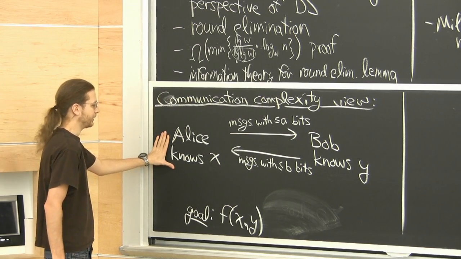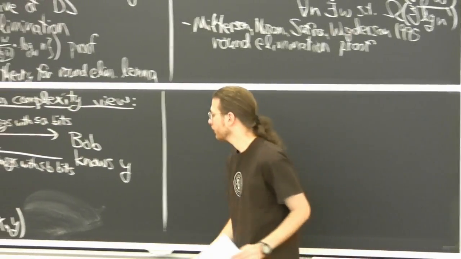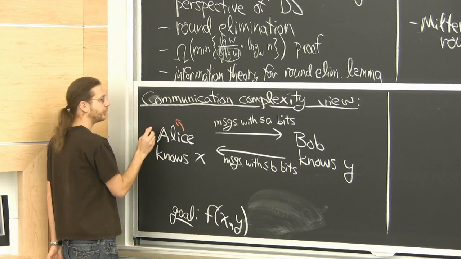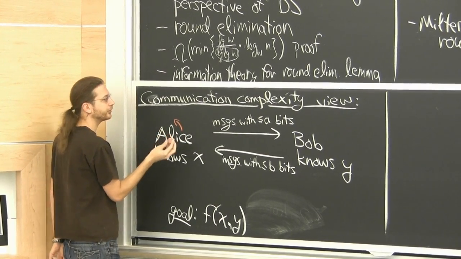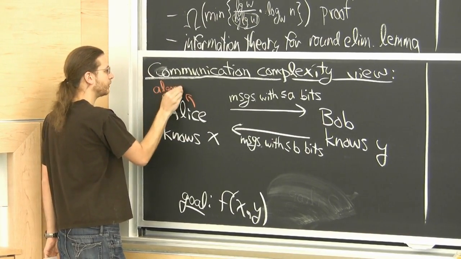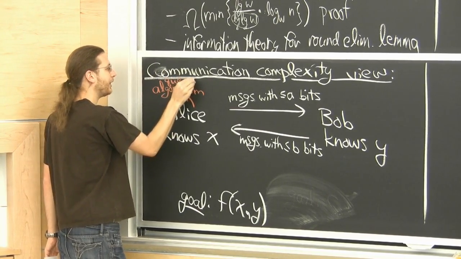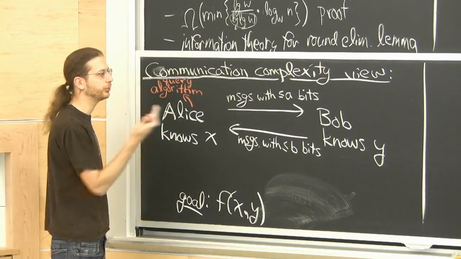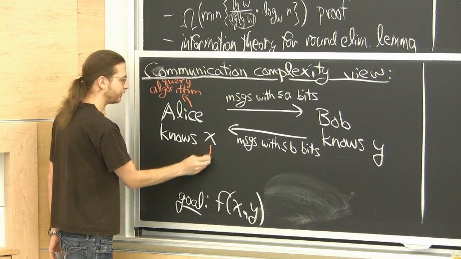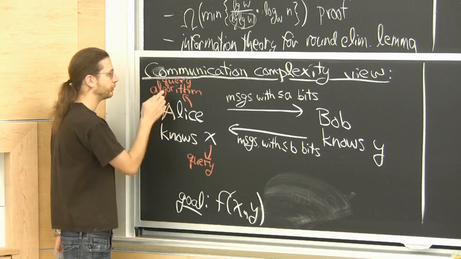So I want to cast that cell probe picture in terms of this picture. Here's the idea. Alice is the query algorithm, the poor soul who has to compute the color of a predecessor. And what's x? x is the query, the input to the predecessor.